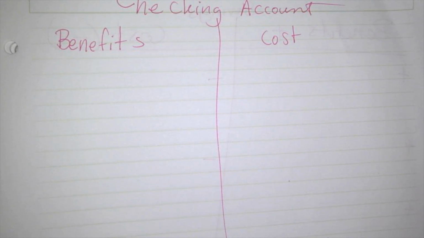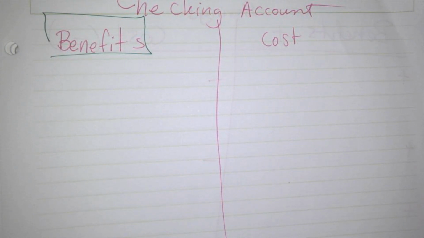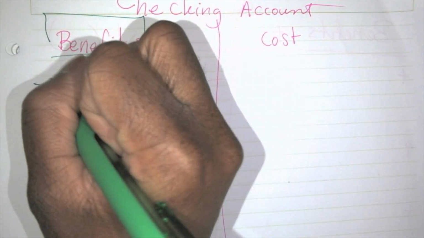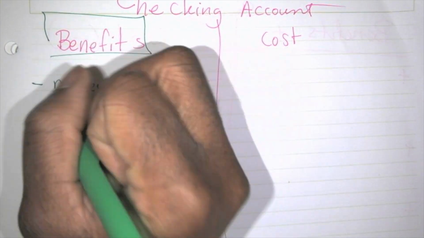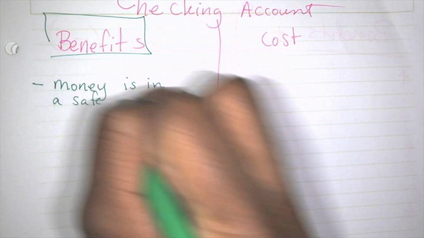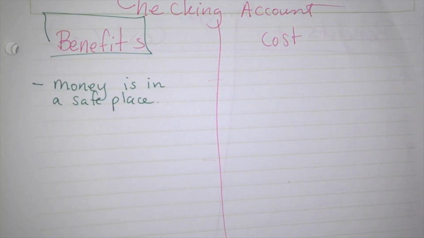So let's think about the benefits. One benefit that I can think of is your money is in a safe place. Another benefit of having a checking account is, if you have bills online, you can pay your bills online.